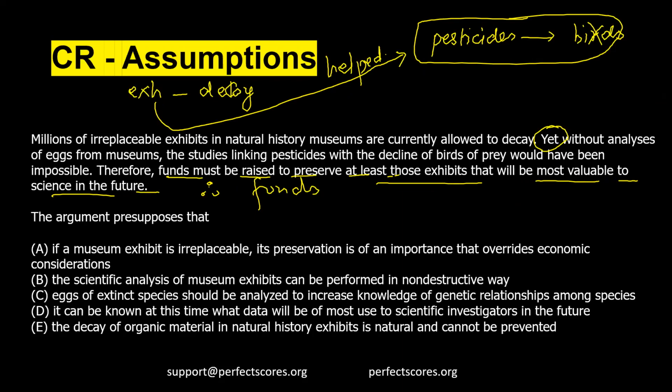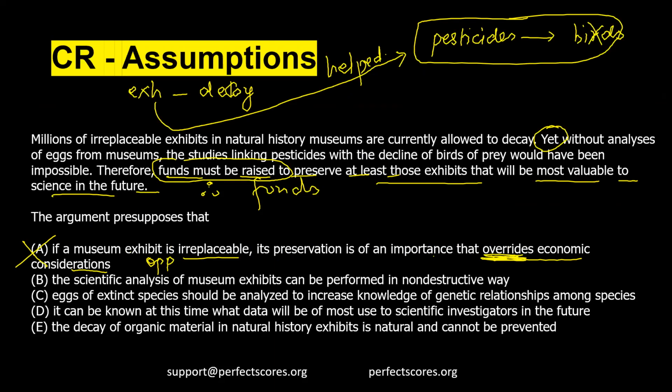Let's go through these options one by one. A: If a museum exhibit is irreplaceable, that means very valuable, its preservation is of an importance that overrides economic considerations. Definitely this is not true, because we have to raise funds. Funds must be raised. That means right now we are looking at the economic considerations, and the benefits do not override those economic considerations. So A is eliminated because it's doing the opposite of what the argument says.